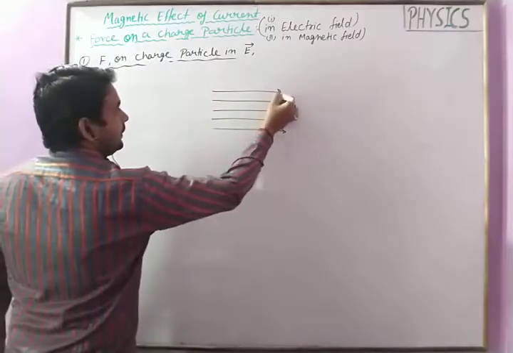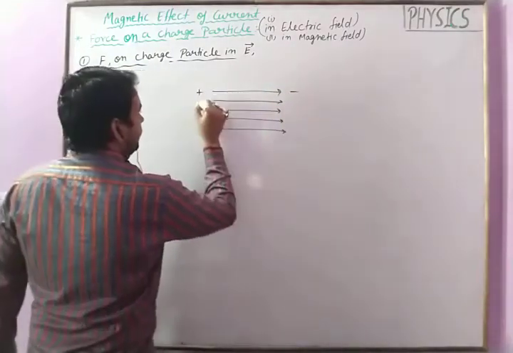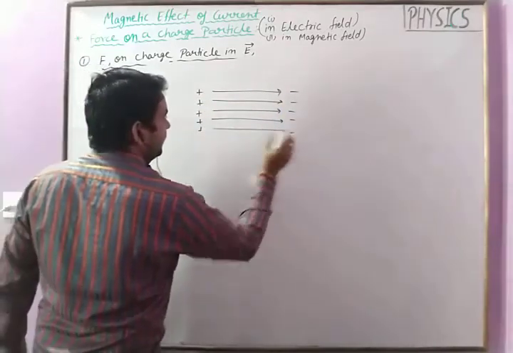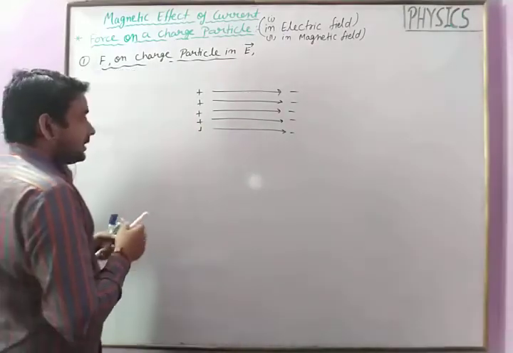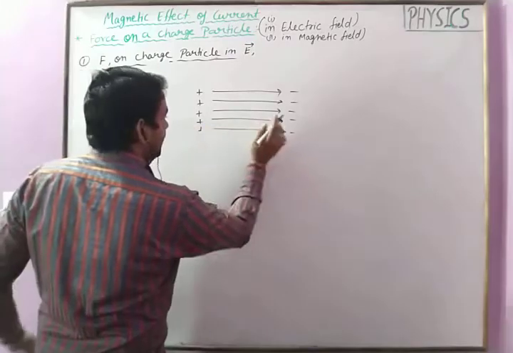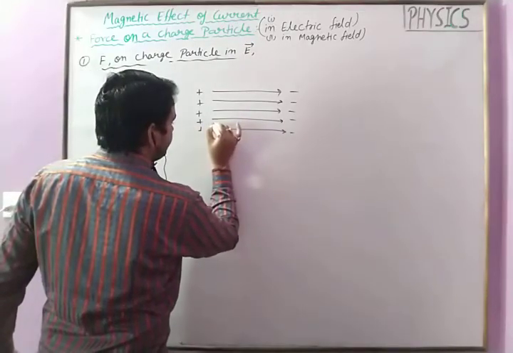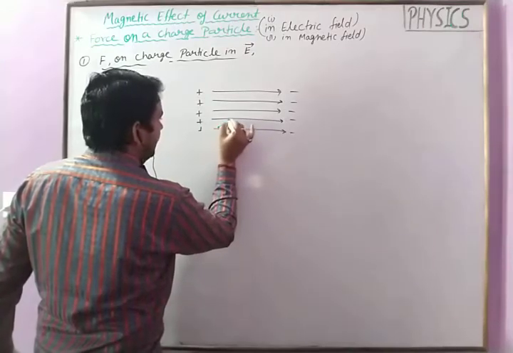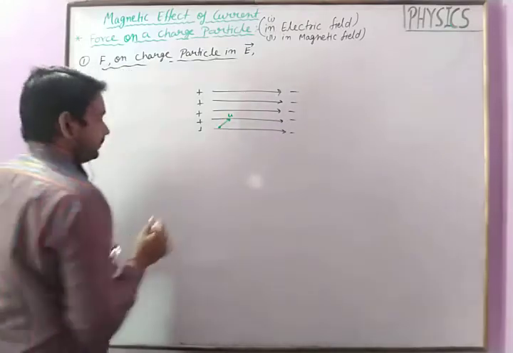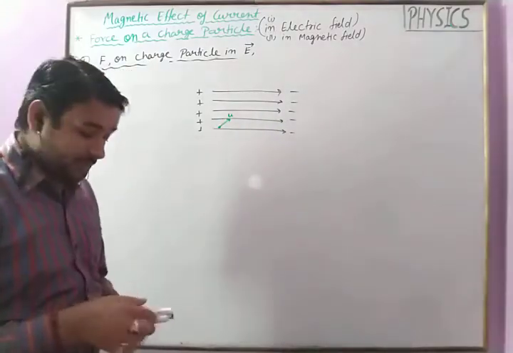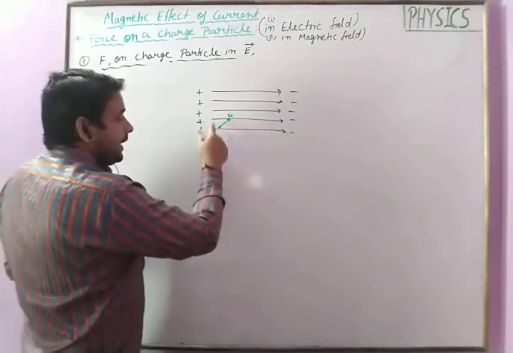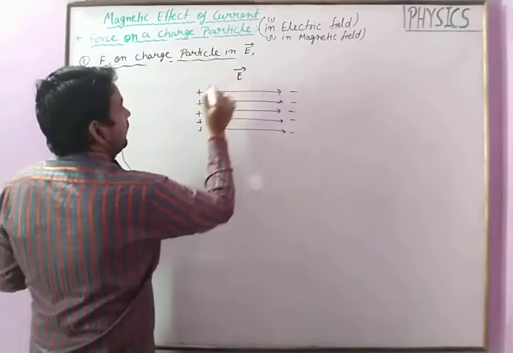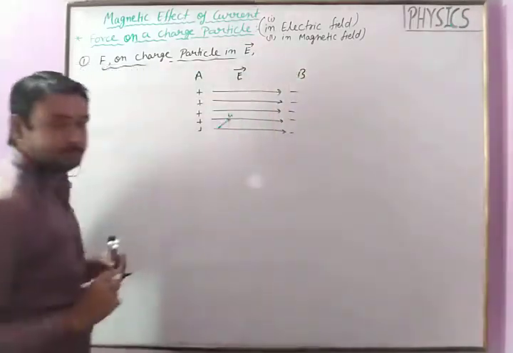Okay, this is electric field from positive to negative. Then if a charge is moving in the field like this, having an initial velocity u, then it experiences a force due to the presence of the electric field from A to B. Clear?